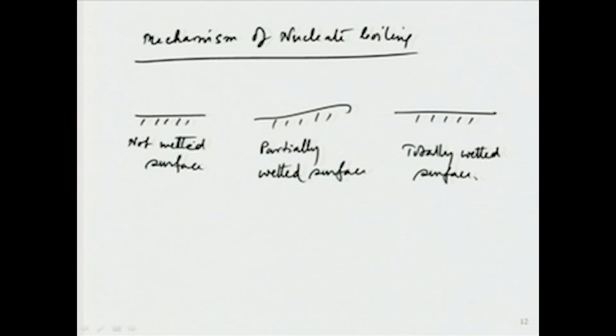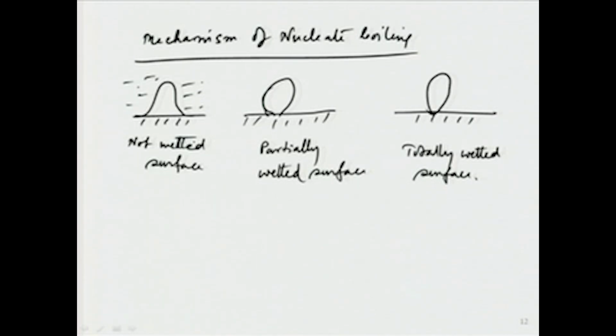Okay. So we can see that in this case the bubble formation is like this, and for the partially wetted surface, because of the contact angle, this should be linear, this is the straight line.